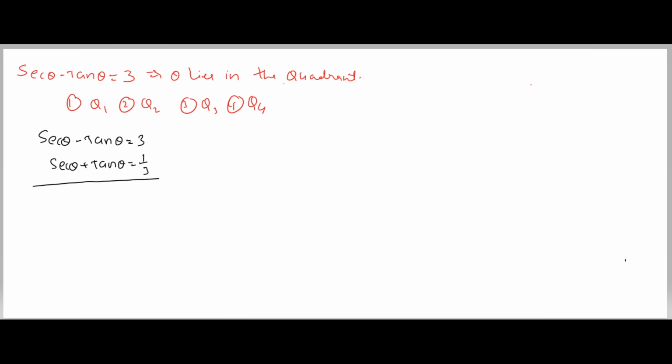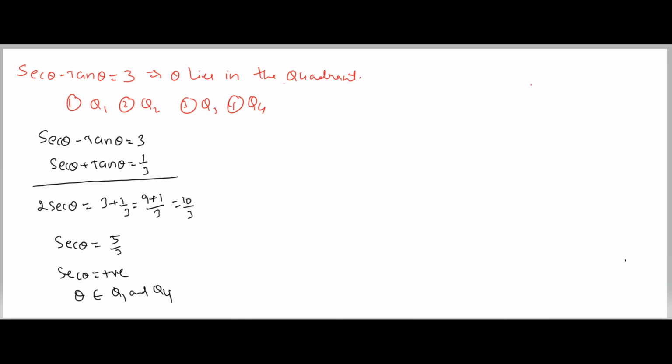Add these two equations, secant theta plus secant theta, that is 2 secant theta is equal to 3 plus 1 by 3, that is 9 plus 1 by 3, that is equal to 10 by 3. Therefore secant theta is equal to 5 by 3. So secant theta is positive, and theta belongs to Q1 and Q4.